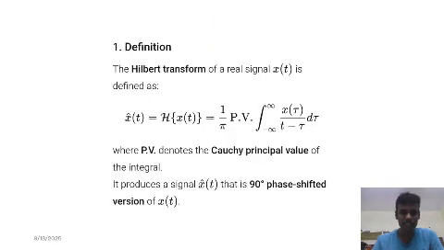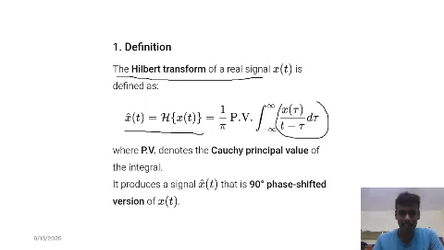So this is the definition and basic formula of Hilbert transform. The Hilbert transform of a real signal x of t is defined as, so we represent Hilbert transform of x of t with x cap of t or H of x of t, which is equal to 1 by pi PV integral minus infinity to infinity x of tau by t minus tau d tau, where PV denotes nothing but Cauchy principal value.